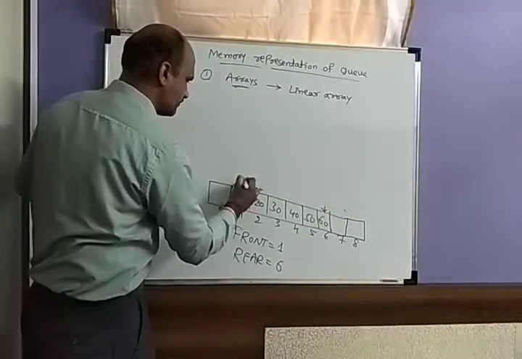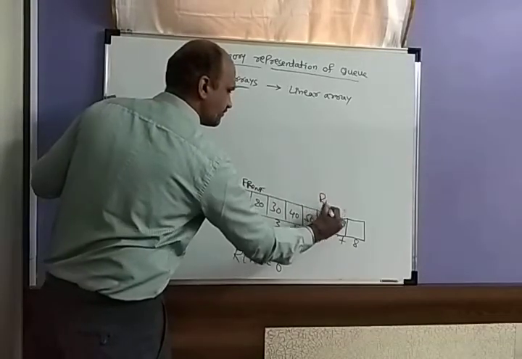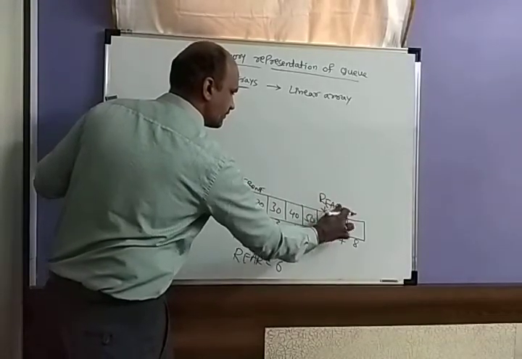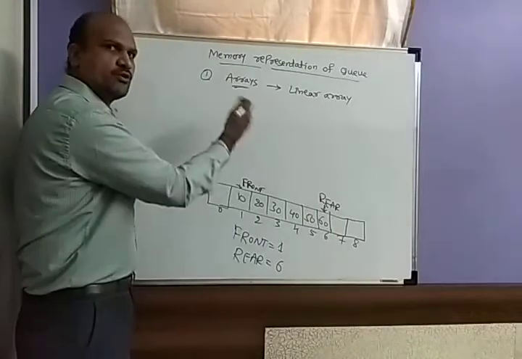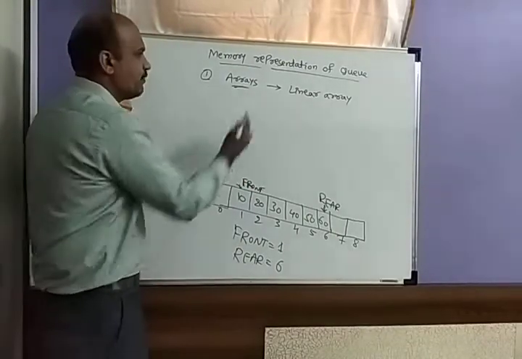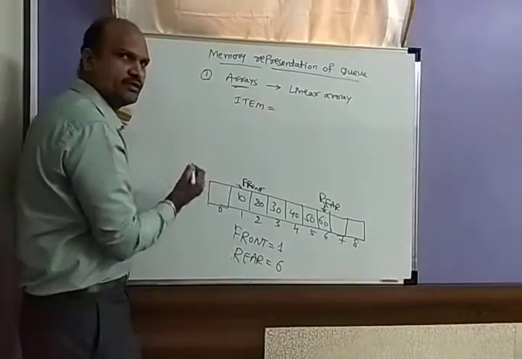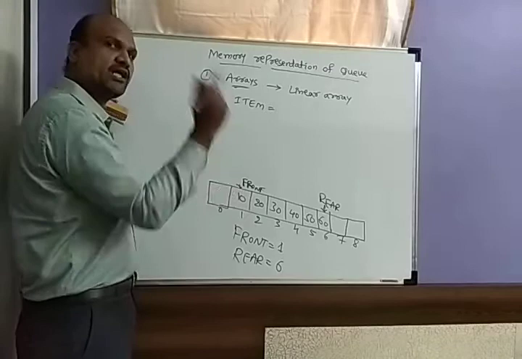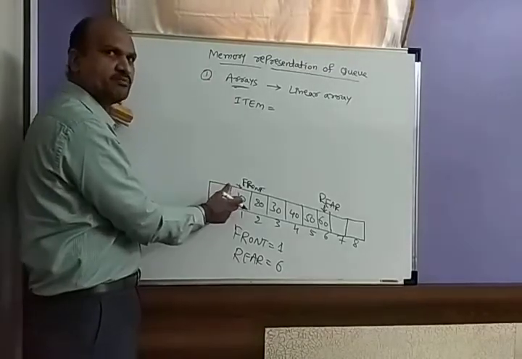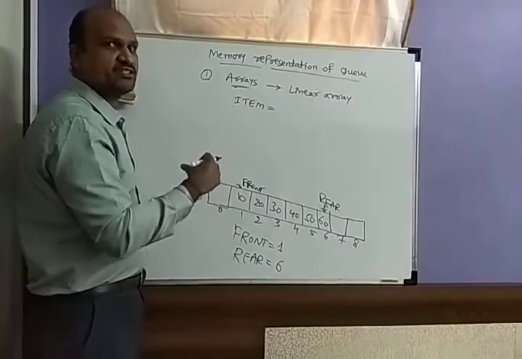So now this is the front, and this is the rear. That condition is over. Now the front and rear are in this condition. Now I will write item is equal to Q of front, because I have to delete the item that is already present. Front is removing the existing items.